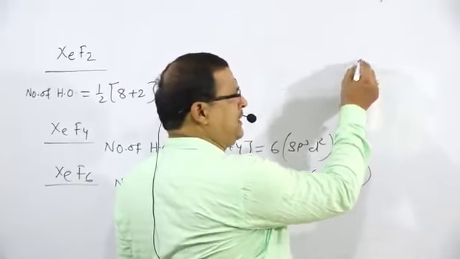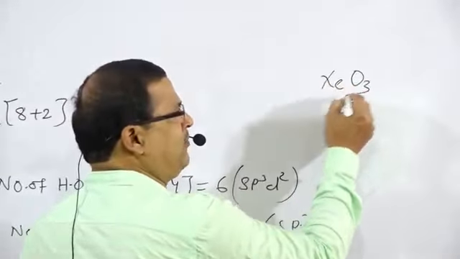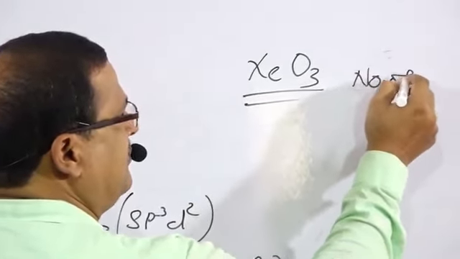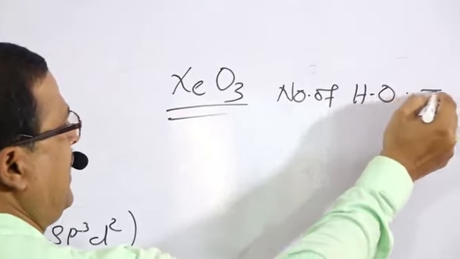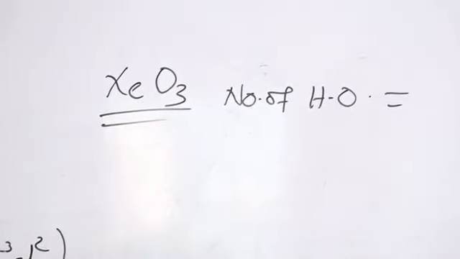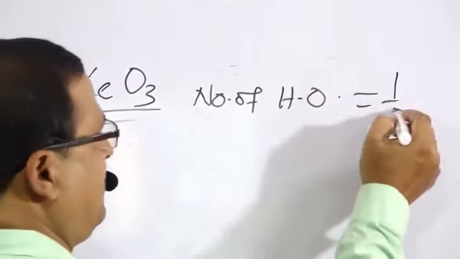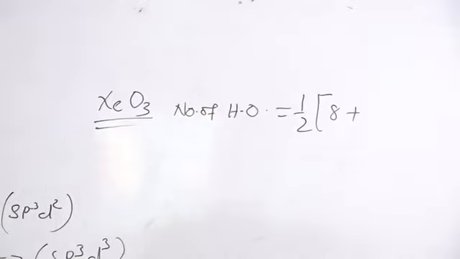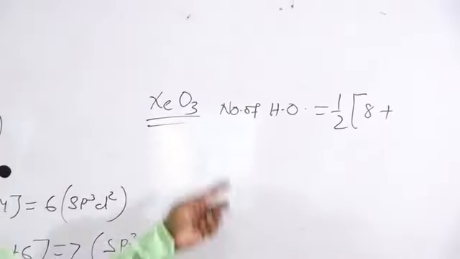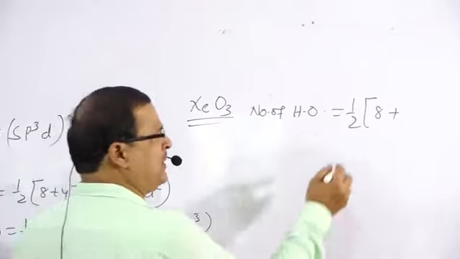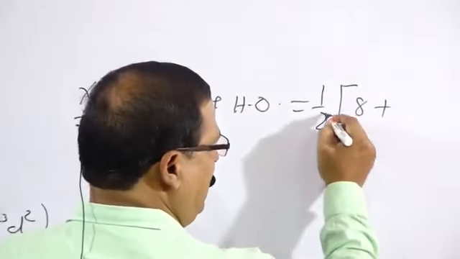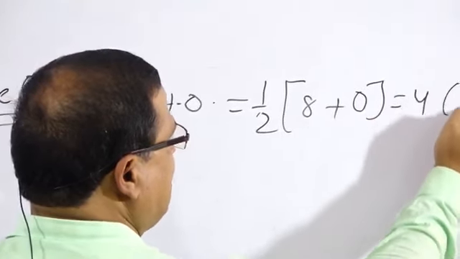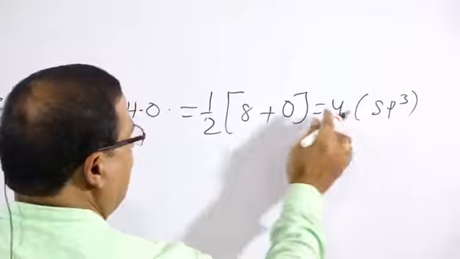For example, XeO3. Number of hybrid orbitals: xenon's outermost shell contains 8 electrons, half of 8 plus 0, because oxygen is a divalent element, there is no monovalent atom. So half of 8 plus 0 is 4. Therefore it is sp3 hybridization, 3 plus 1 is 4.